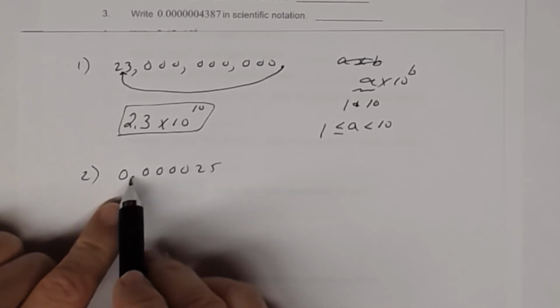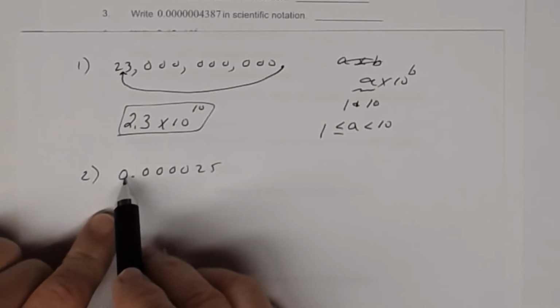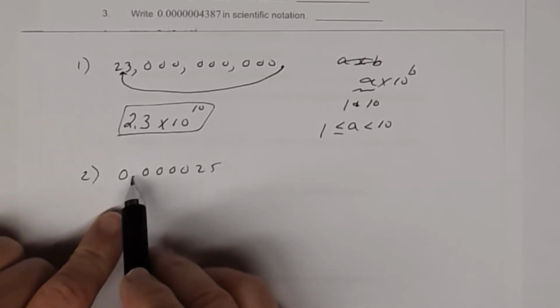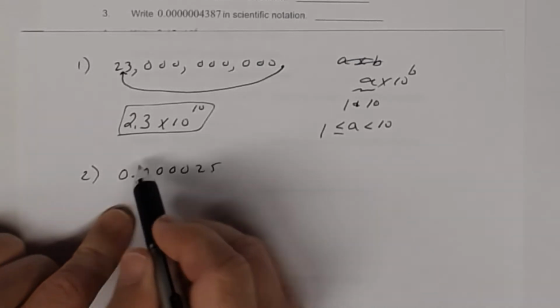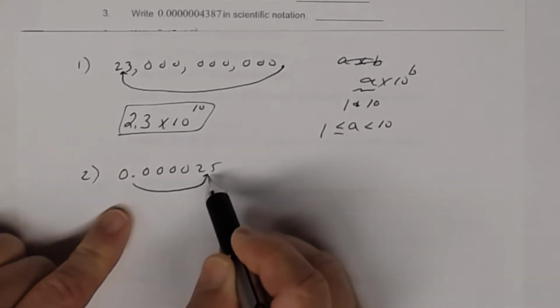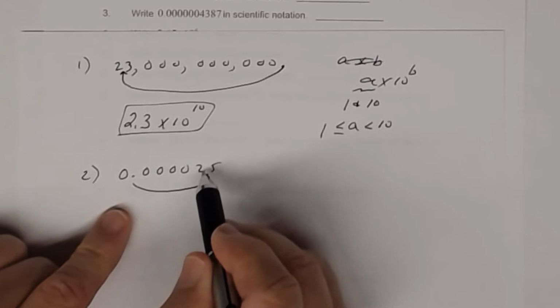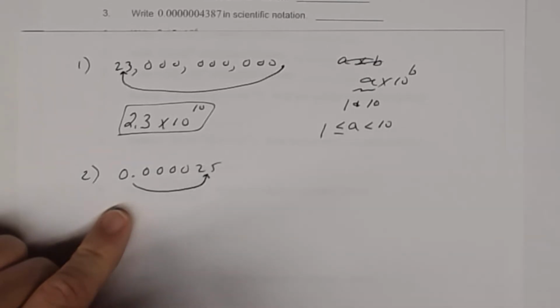I'm going to move the decimal point to the right this time, because the digit in front of the decimal point is 0. I cannot have a 0, so I have to move it all the way to the right, until the decimal point is between the 2 and the 5. Then I get only one non-zero digit in front of the decimal point.